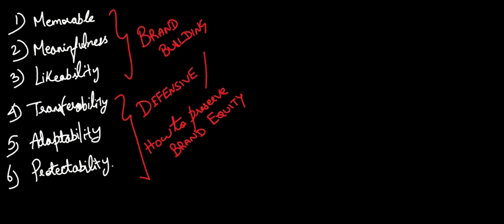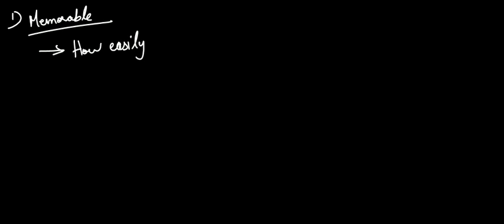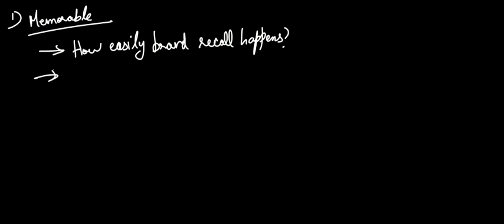Now, let us see about all these six criteria in detail. The first criteria which we saw is memorability. What is this? It means how easily the brand is recalled by the consumer. When you advertise or bring out any brand, the consumer has to recall it more frequently to remember it.